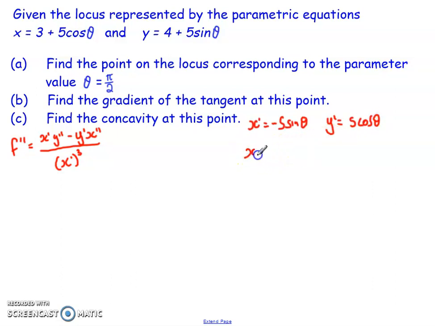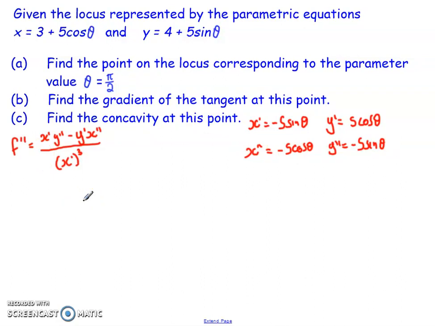So if I then take the derivative again, x double dashed equals minus 5 times cos theta, and my second derivative of y, y double dashed, equals negative 5 sine theta. So what I now need to do is calculate the value of each of these at pi over 2 and then substitute it all in.